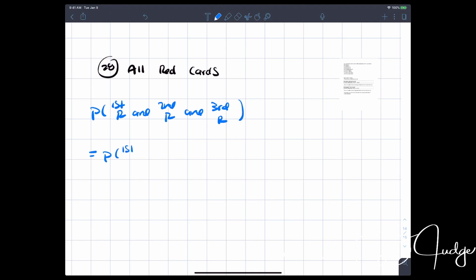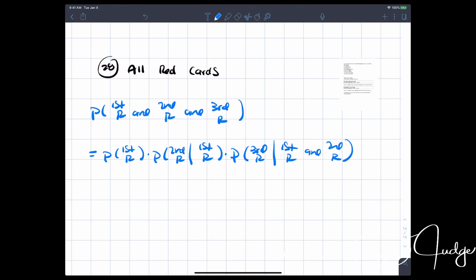Probability the first is red times the probability the second's red, given the first is red, times the probability the third is red, given the first is red and second's red.